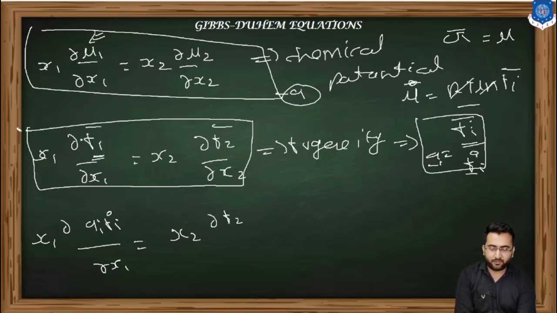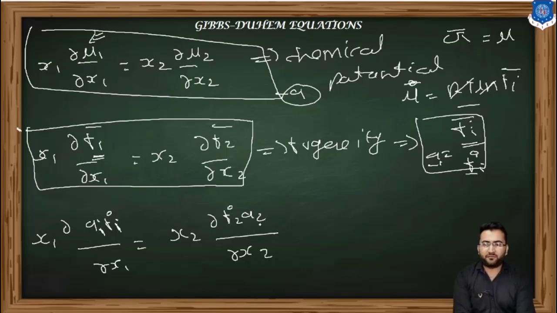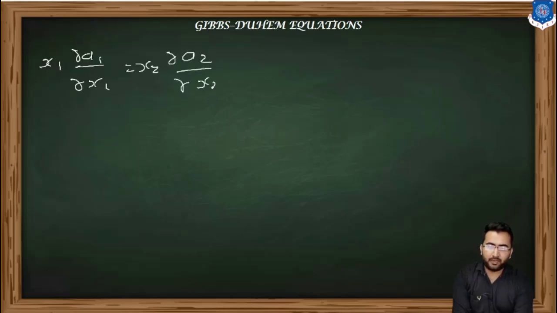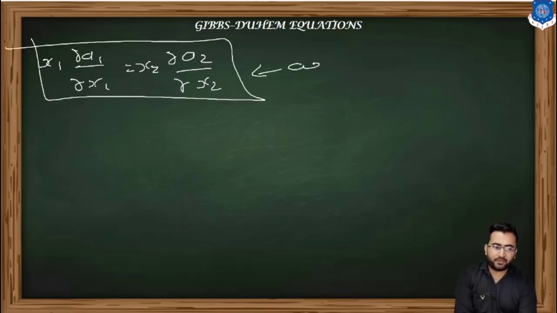So f1 bar becomes A1 into f1 naught, and similarly f2 naught into A2 upon del x2. Now the standard state fugacity will be cancelled for both components, so this equation becomes x1 del a1 upon del x1 is equal to x2 del a2 upon del x2. So this is the Gibbs-Duhem equation in terms of activity.